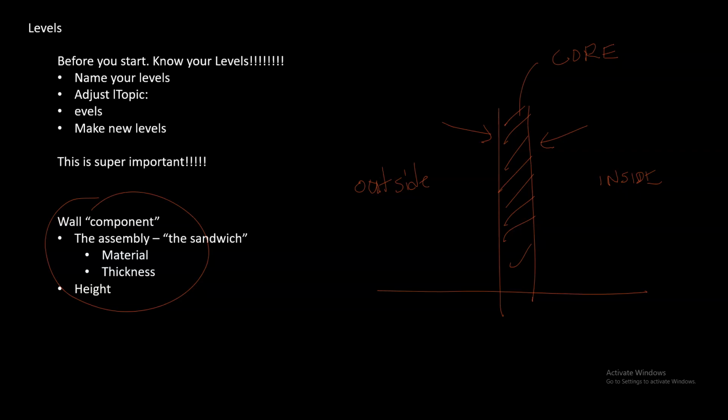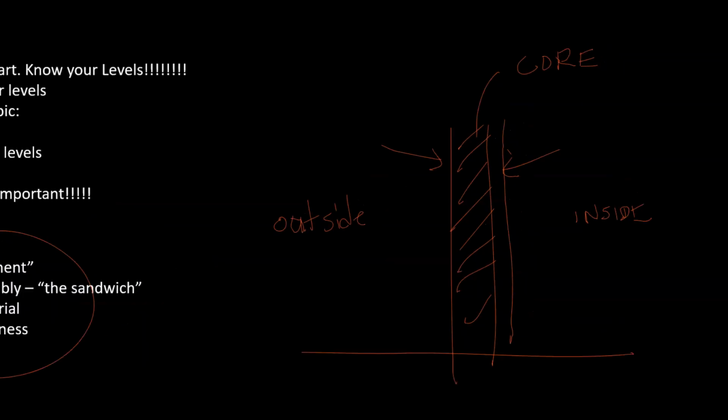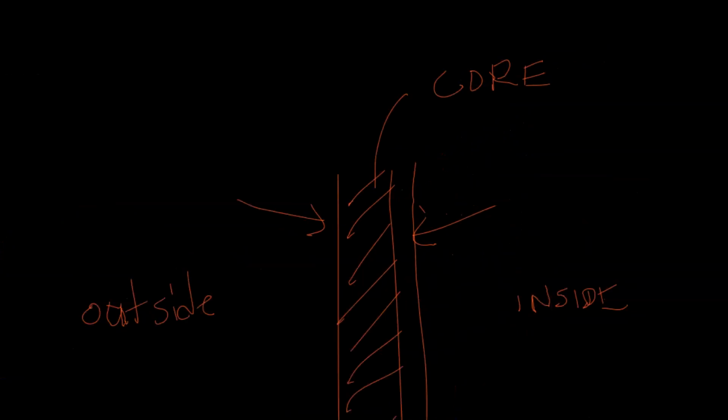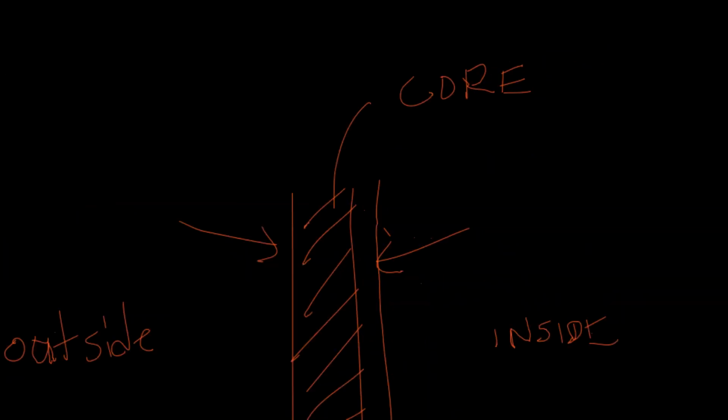That's the sandwich that I'm talking about. On the inside, the wall could have a layer of drywall, and on the outside you might have a layer of plywood, and then other stuff, but basically in a sense stucco, right?